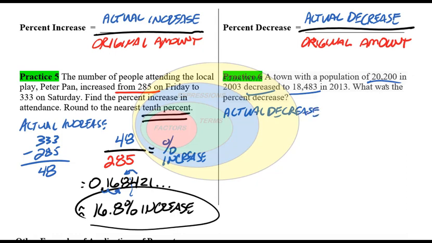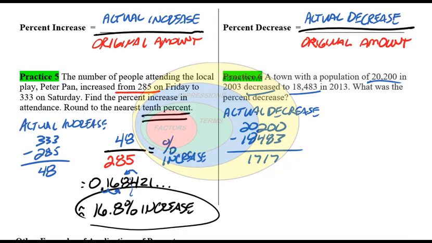So I just need to find the difference between 20,200 and 18,483. If you subtract that, you should get 1,717. So this is my actual decrease.